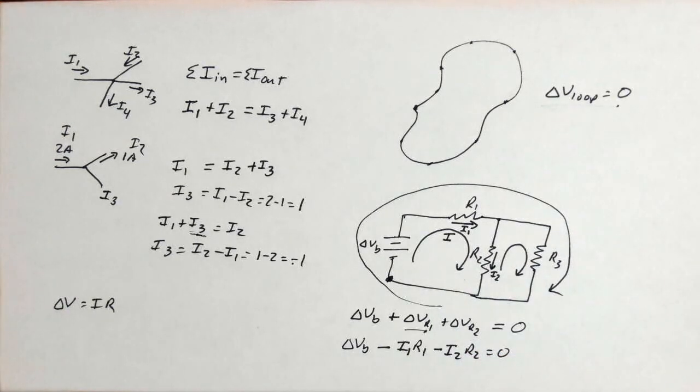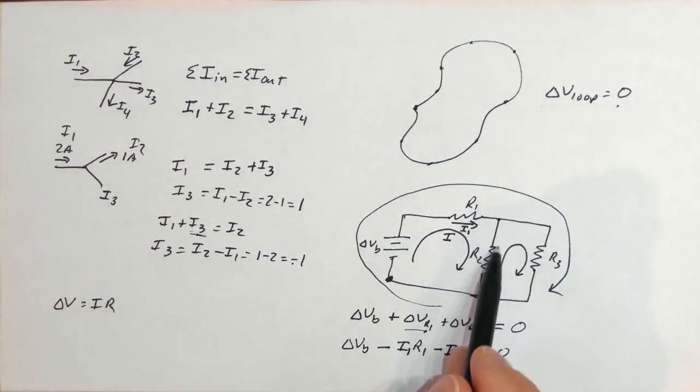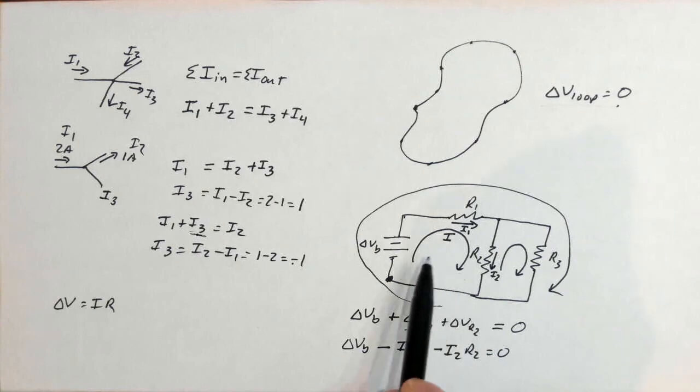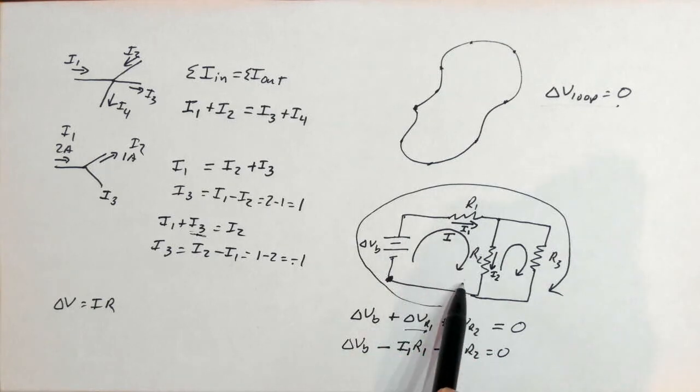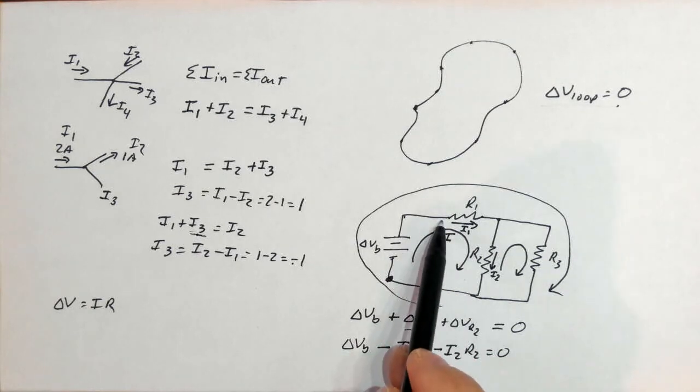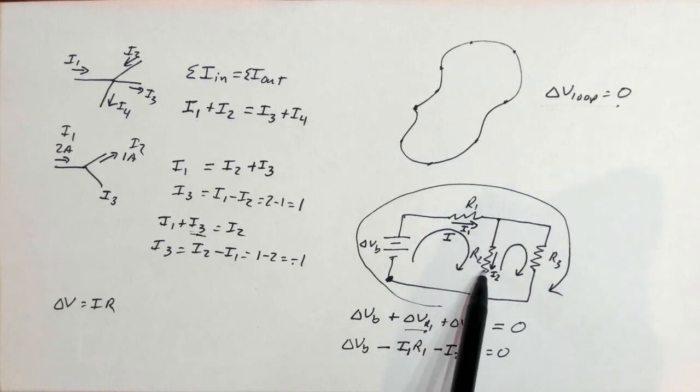Now, honestly, I could have chosen this current to point upward. It's all based on your choice, and I just chose to go this direction. And therefore this would have been a loss of voltage, and this would have been a gain. And with my other knowledge of my equations, I could have solved for these, and I would have gotten one of these to be a negative current, which means I just picked the wrong sign. And that's fine if you do it.